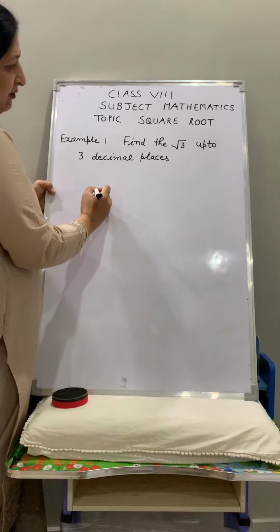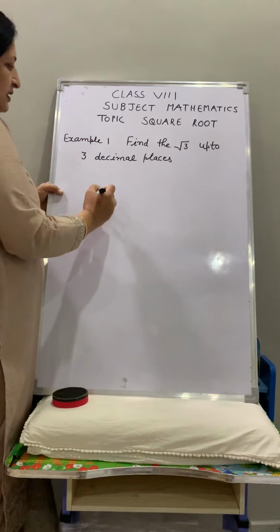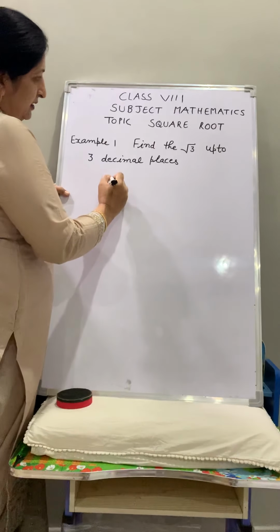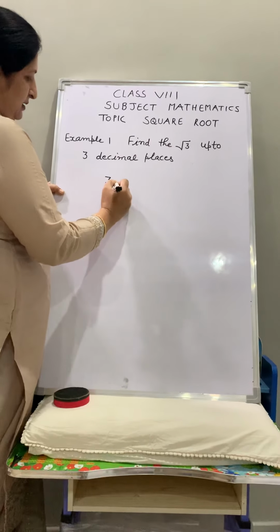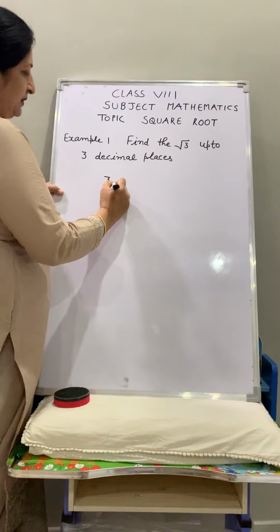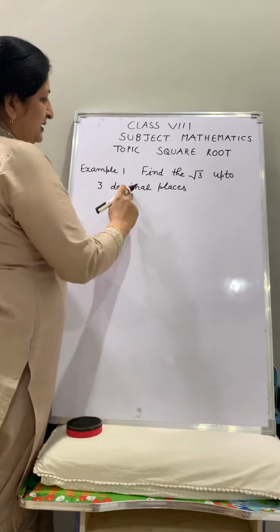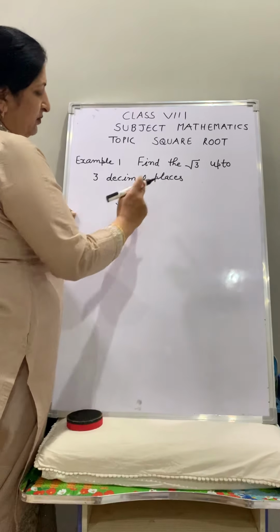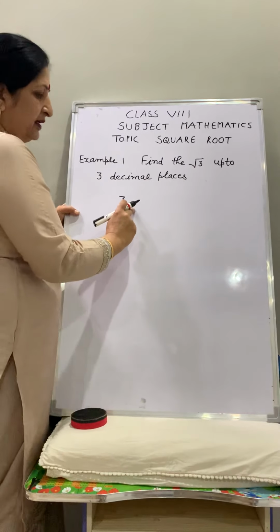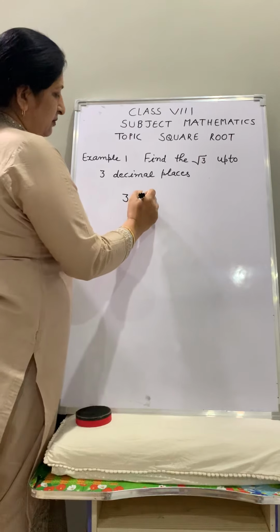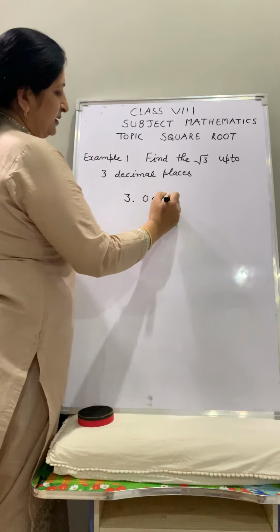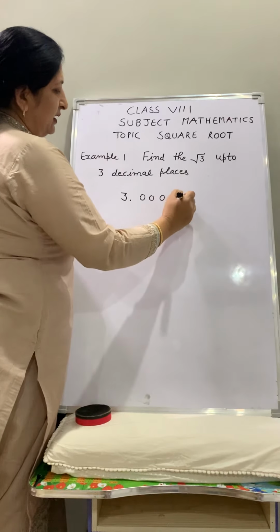Now, how do we write 3? We can write 3 as 3 decimal. How many places do we need? 3 decimal places. It means we need 3 periods here. First period, second and third.